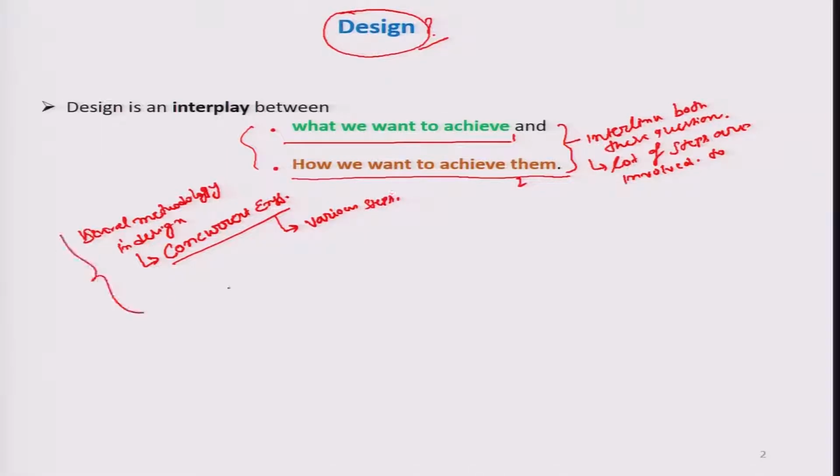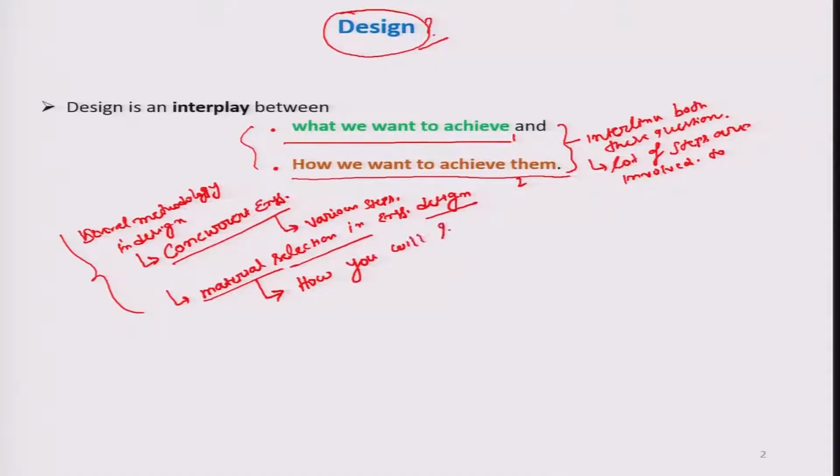Okay. Another methodology you have learned is material selection in engineering design. Okay. So in this topic, what you have learned is how you will select the best material for your product in a certain condition.